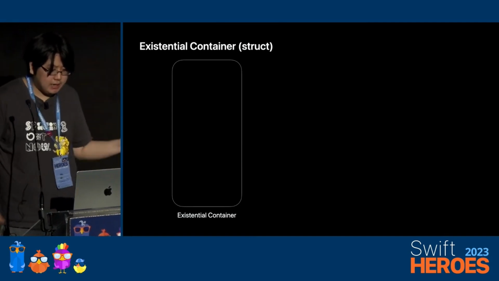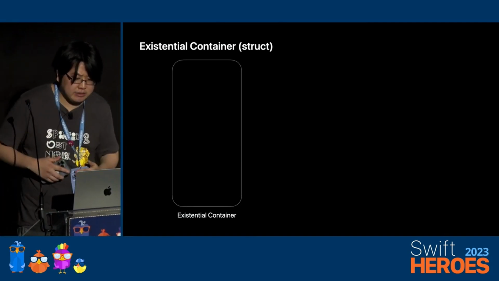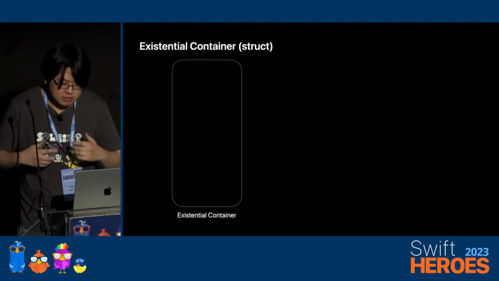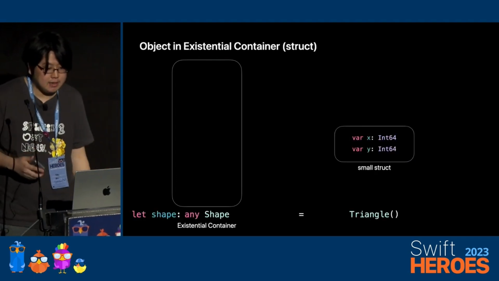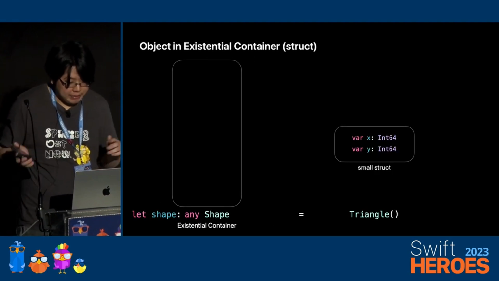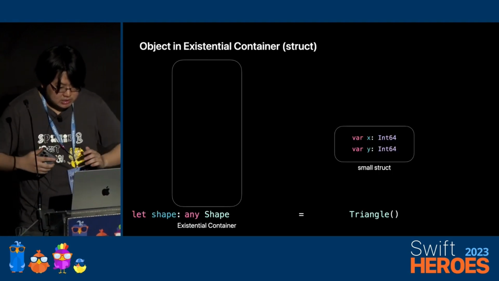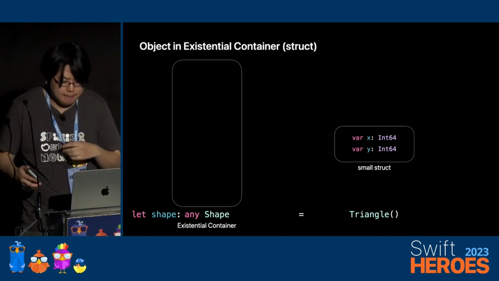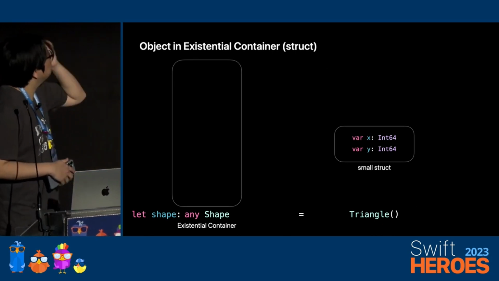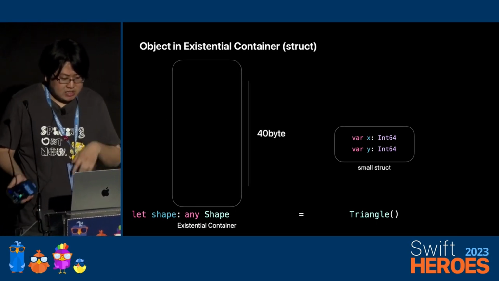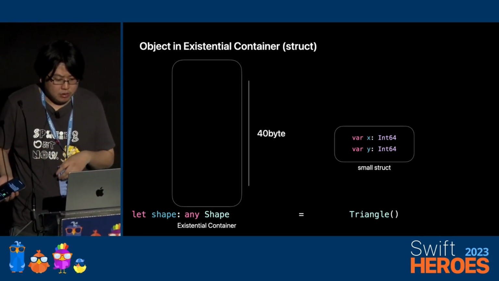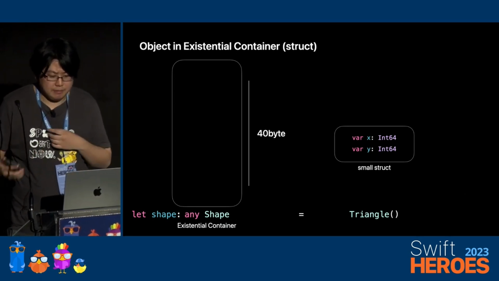To describe this, I have to talk about how the existential container accepts struct values regardless of different sizes. Let's take a look at when we are trying to assign small struct objects to an existential type variable like triangle. First, the size of the existential container for struct is 40 bytes on a 64-bit CPU.